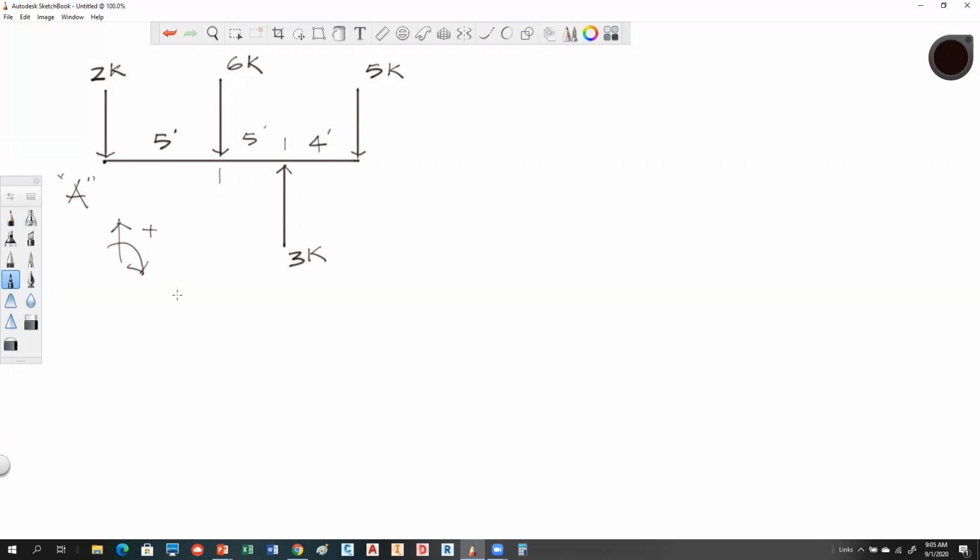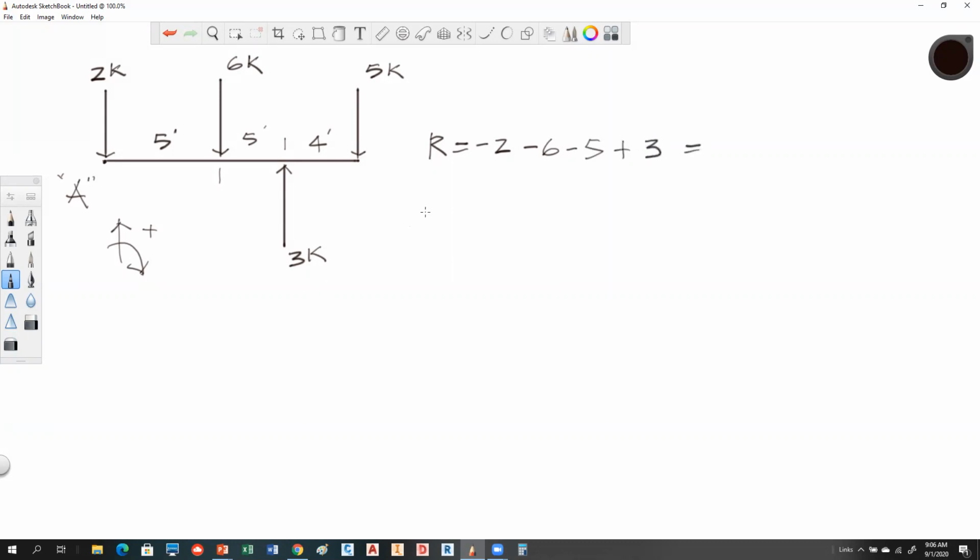Okay? So in this type of problem, the first thing you're going to do is solve your resultant, R. So R is just simply summing these forces. So I have -2 plus -6 plus -5 plus 3.